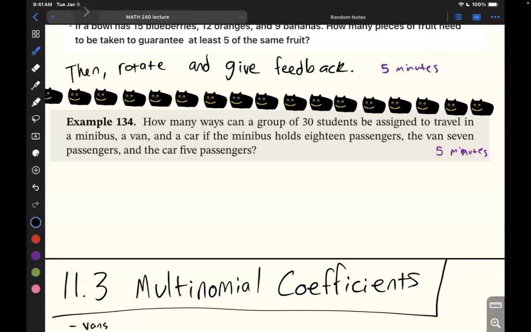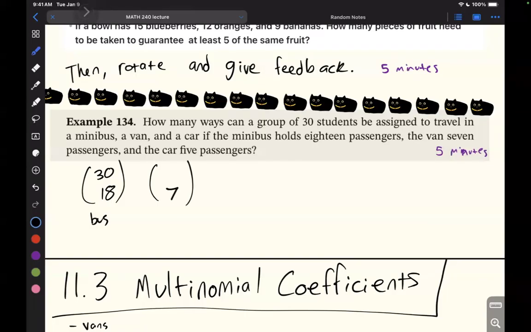So I think the intuitive answer is, if we assign the minibus first, let's say we fill that one up first, we can go 30 choose 18. So that's the bus. And then if we go to the one that has the next biggest capacity, that's something choose 7.